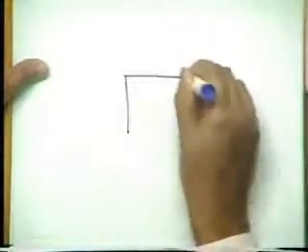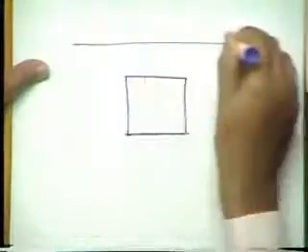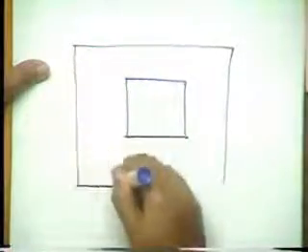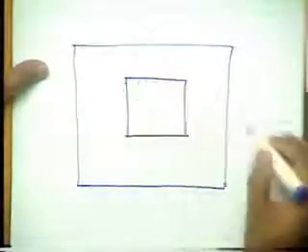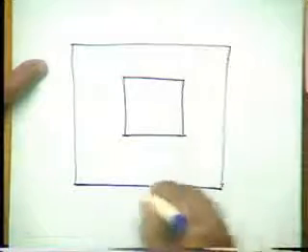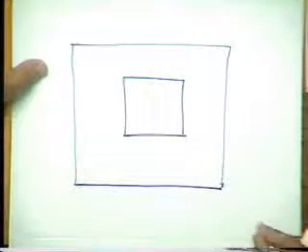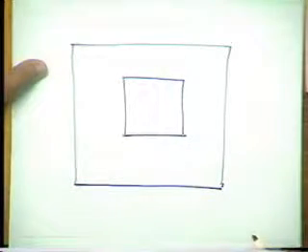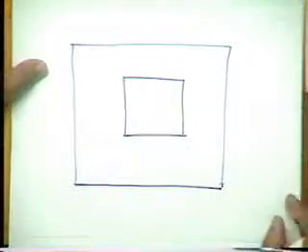If this is the object and this is the background, you classify this entire image into 3 regions. If the pixel belongs to a uniform intensity region, give it a value of 0.